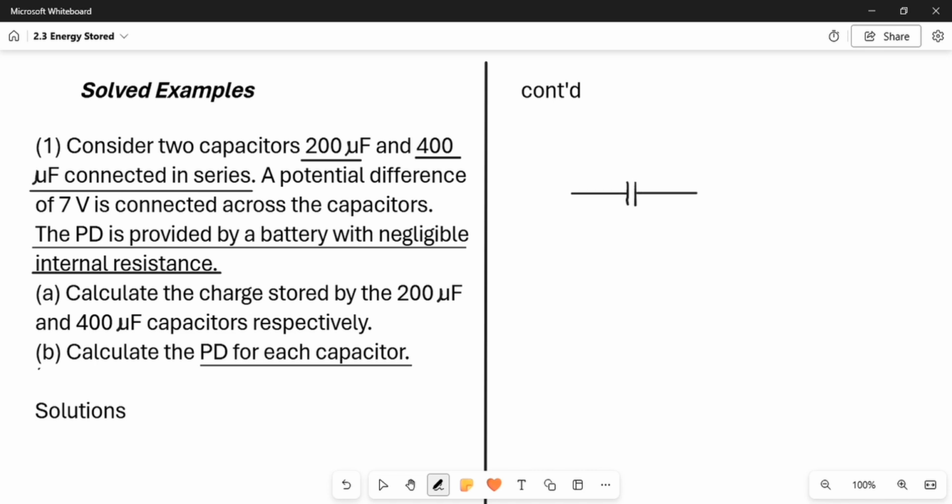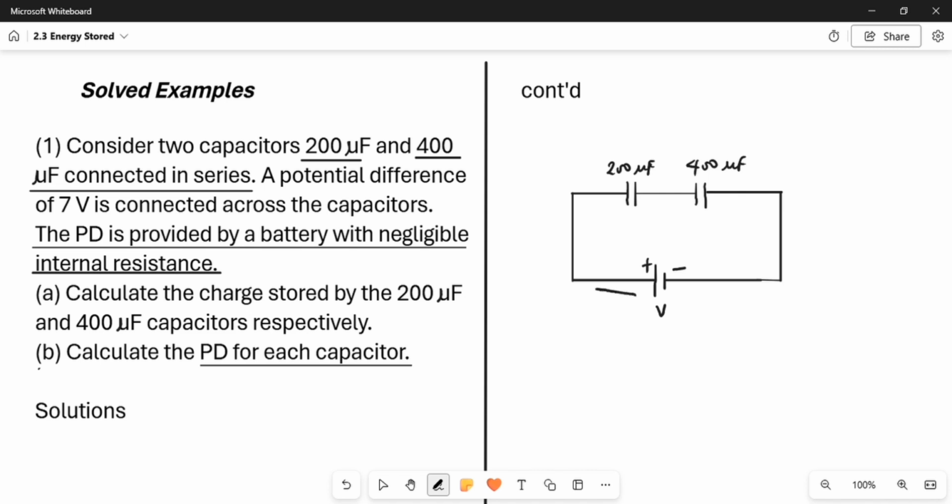This is another capacitor, connected to a potential difference. Now, if this is, let's say, the 400 microfarads, this is 200 microfarads, and this is the negative terminal of the battery, this the positive terminal, this is V.